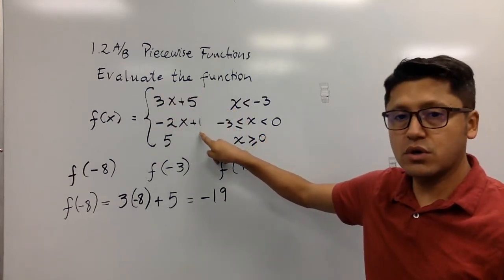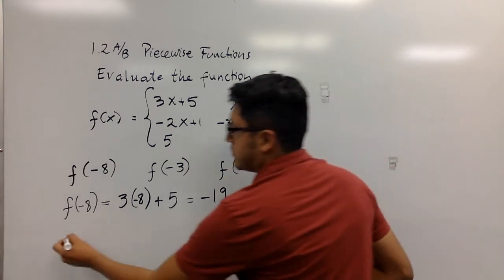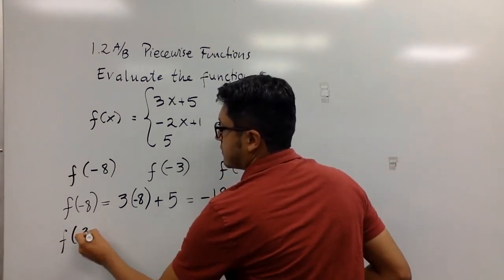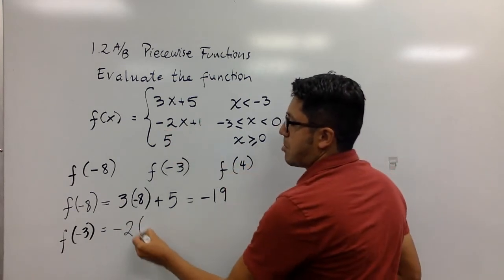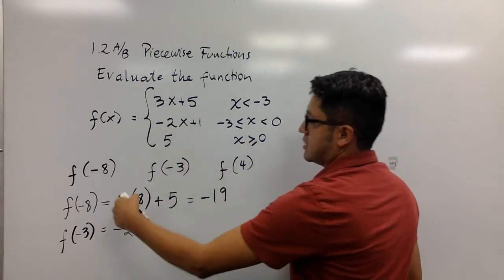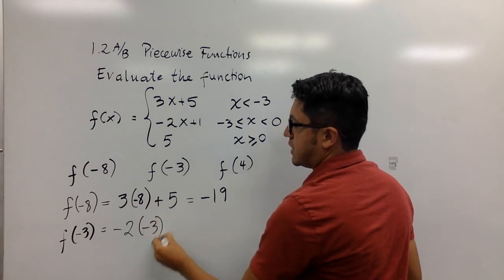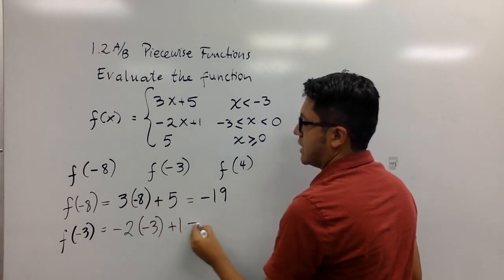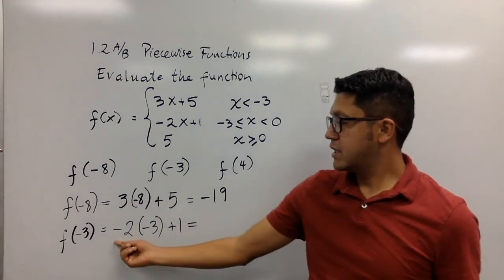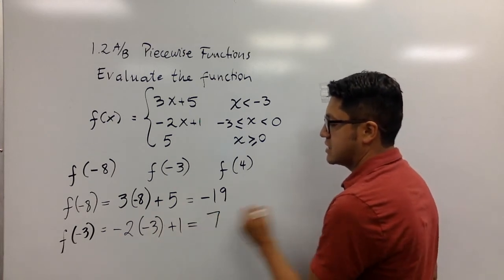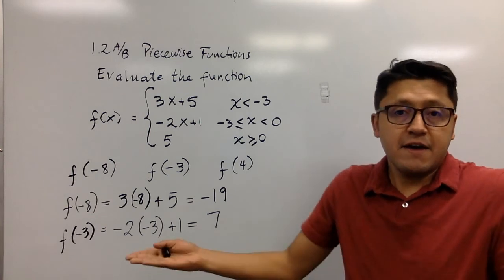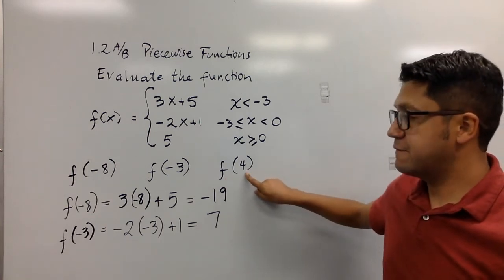So now that we know, let's just evaluate it. F of -3 is -2 multiplied by -3, the one we want to find, plus 1. And that equals, let's see, -2 times -3 is 6, plus 1 is 7. And we're done.